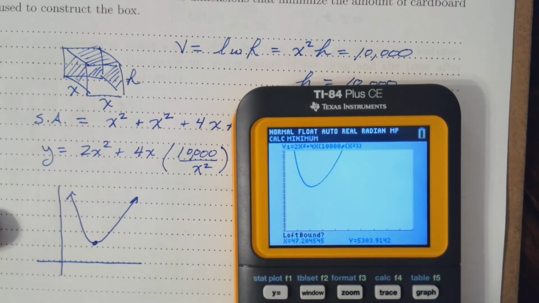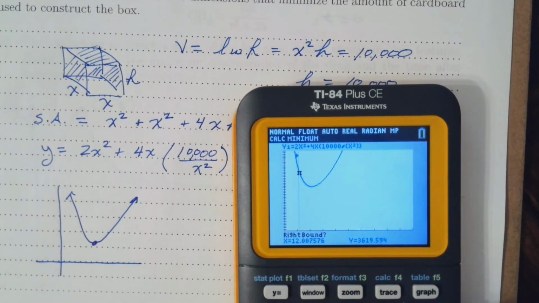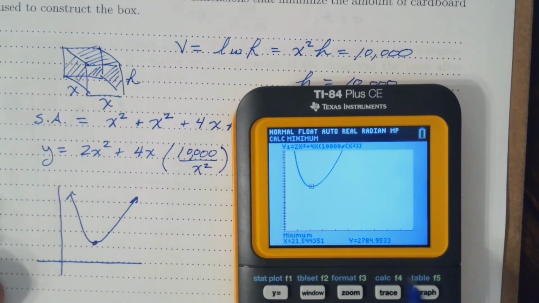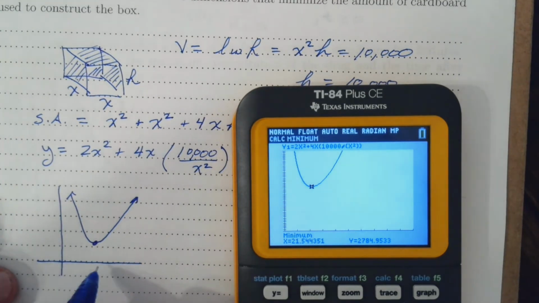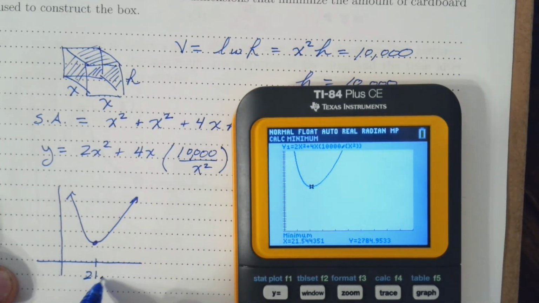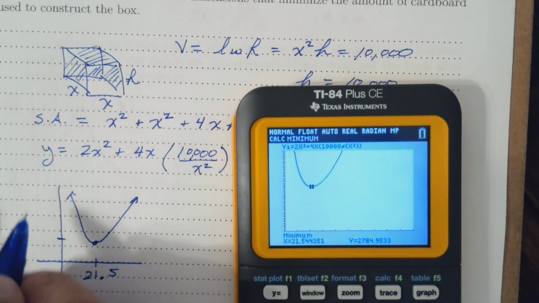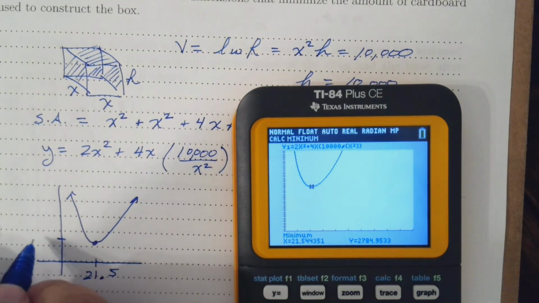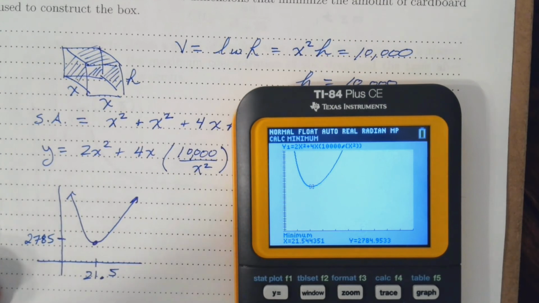I can arrow over to the left of the minimum, press enter, arrow to the right of the minimum, press enter, a third time, and there it gives me my minimum value, which says an x value of about 21.5 and a y value of 2784.9, so about 2785.